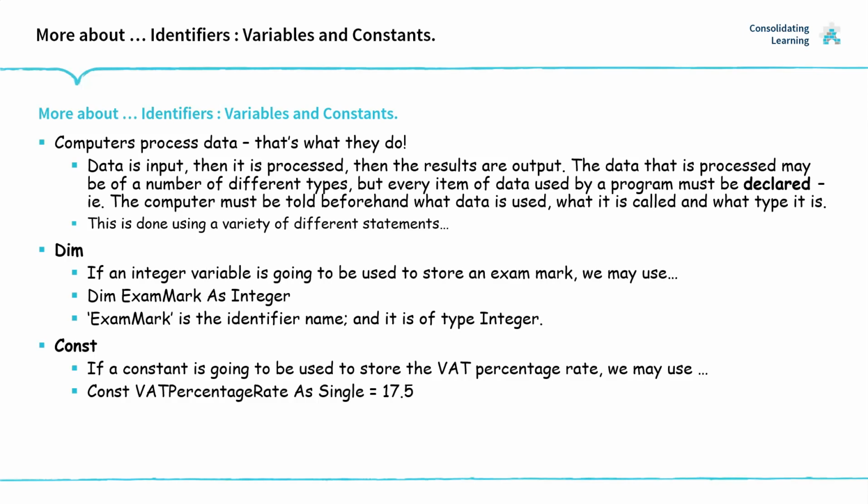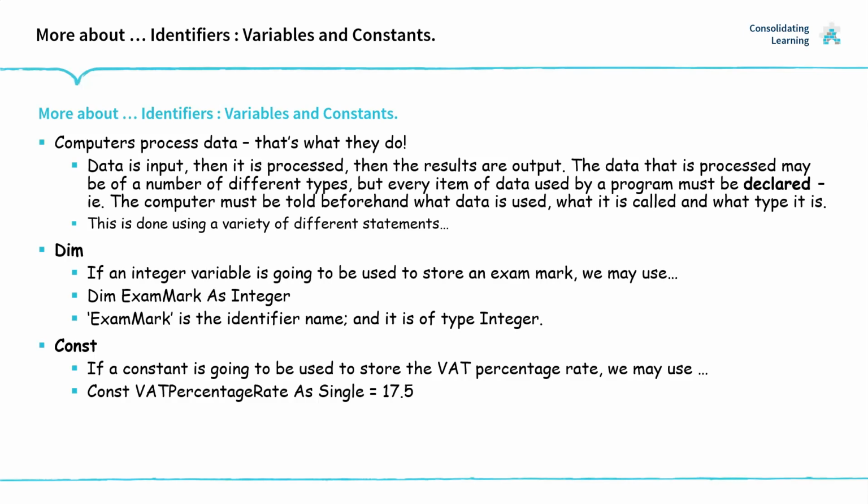So here, ExamMark is the name, Integer is the type. I'm declaring the variable called ExamMark, and I'm storing it as a whole number, which is an integer. This is a variable because that exam mark may change, and you can change that in your program.